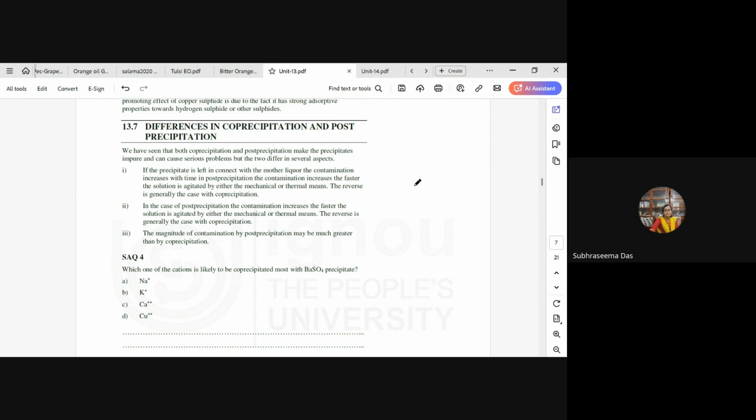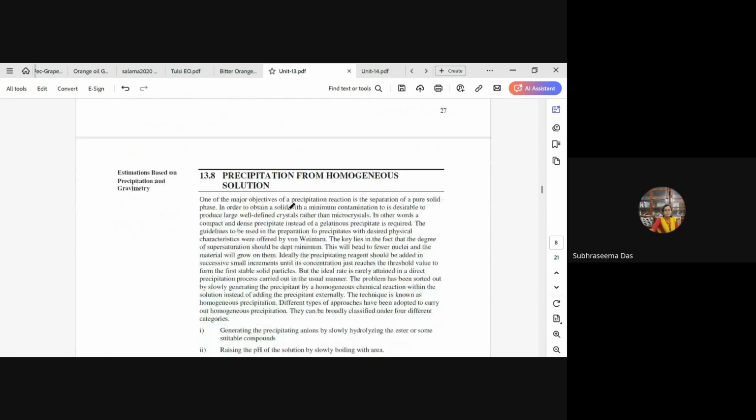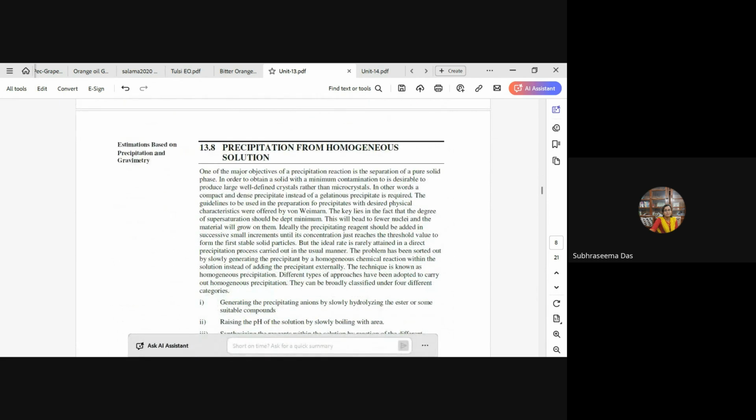The reverse is generally the case with co-precipitation, where this does not happen. The magnitude of contamination by post precipitation is much higher than that by co-precipitation. So these are some of the points of difference between these two methods.